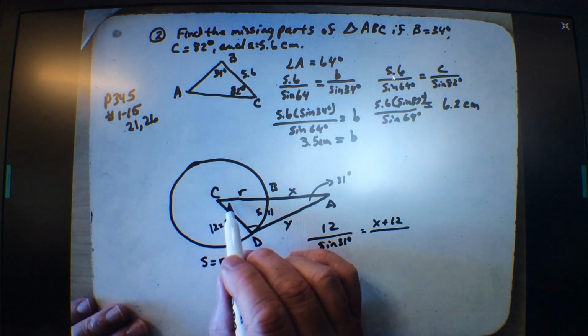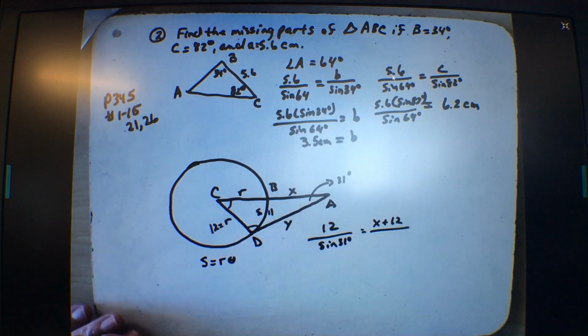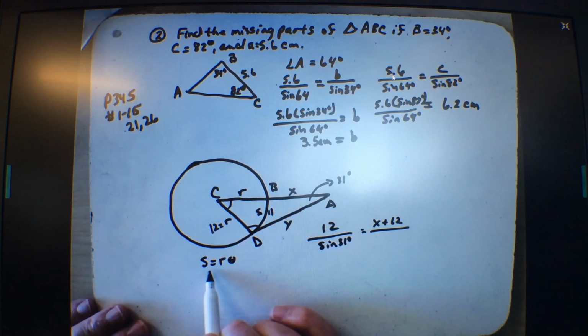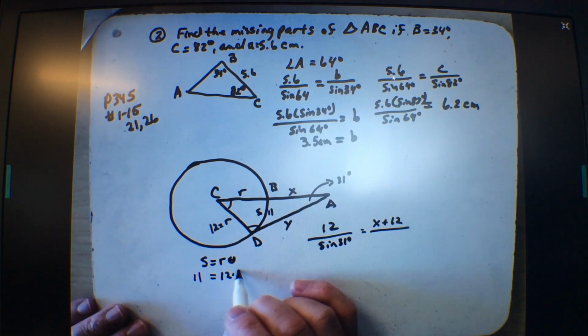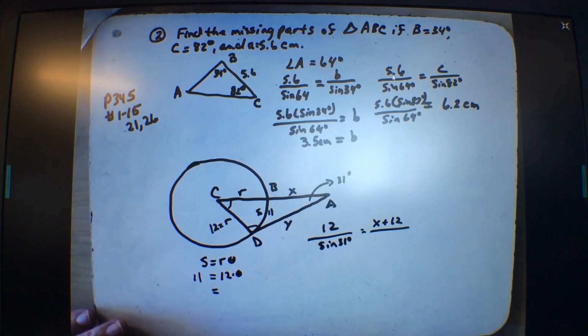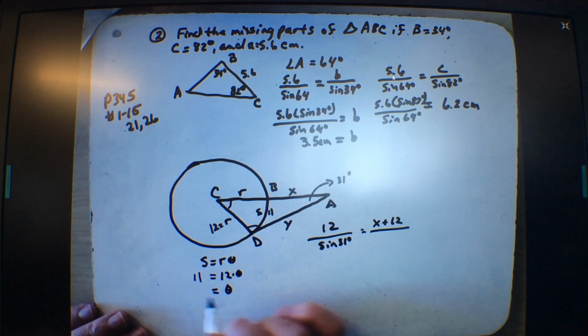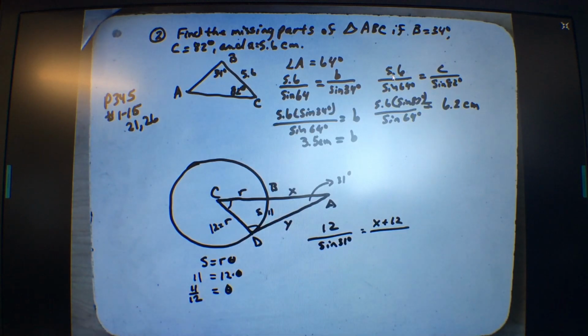We can use this formula to say 11 equals the radius, which is 12 times theta, right? Okay, so theta equals 11 twelfths, correct? Now that's in radians, right? We need degrees, correct?